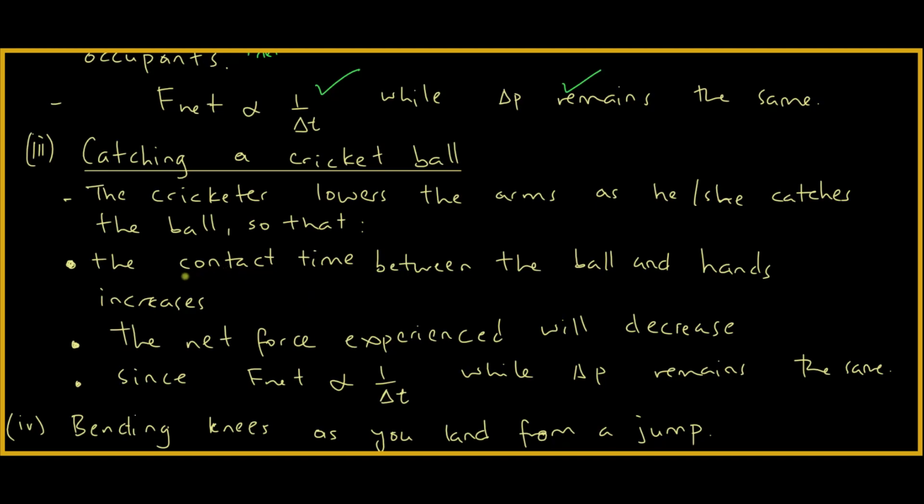The reason why they do that is simply to increase the contact time. If they do that, the net force experienced will be less, since the net force is inversely proportional to time while the delta P remains the same. So the aim again is to increase the contact time, which reduces the net force.